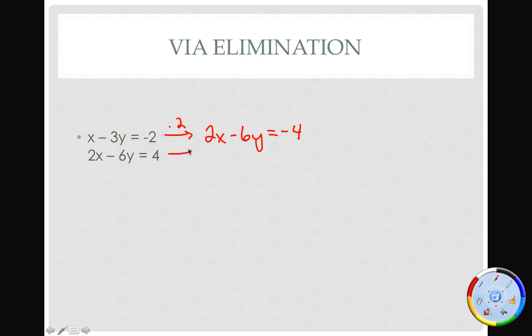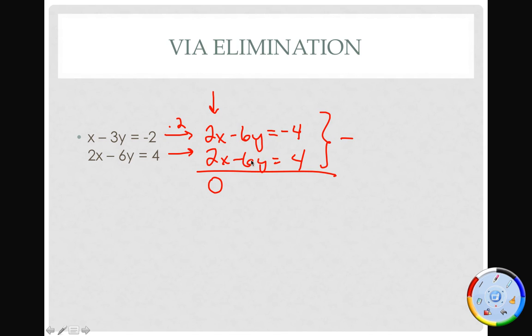And my bottom equation I'm not going to do anything to, so I have 2x minus 6y equals positive 4. And you might be seeing, oh, something's weird here. That's right. But we notice here I get 2x and positive 2x, which means if I subtract the two equations, I'll get rid of my x's. So 2x minus 2x is 0.